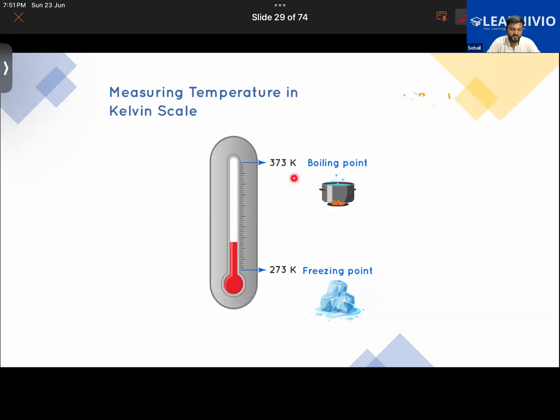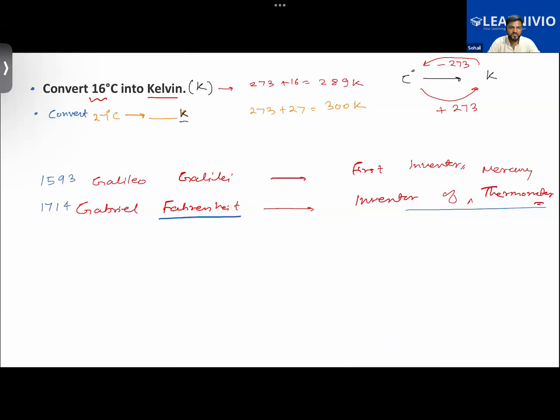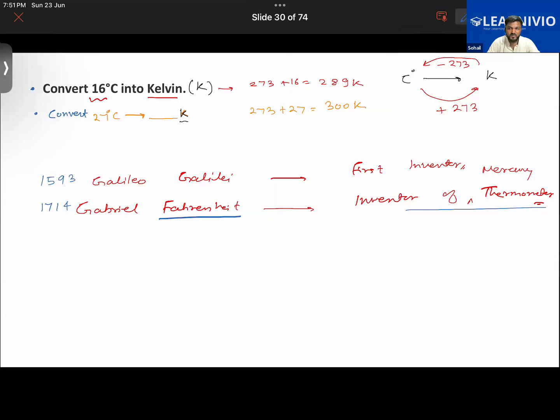In the Kelvin scale, it becomes 273 Kelvin, and the boiling point becomes 373. And you all know in degrees Celsius, 0 degrees Celsius is the freezing point, and 100 degrees Celsius is the boiling point of water.